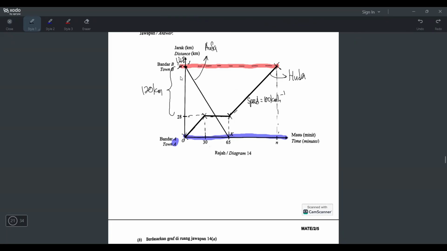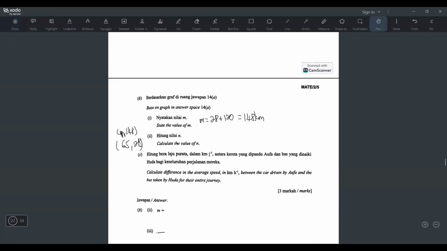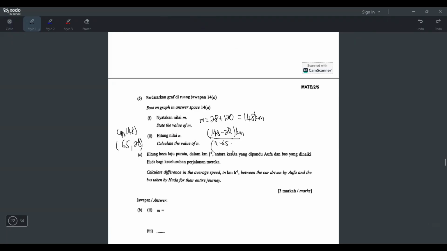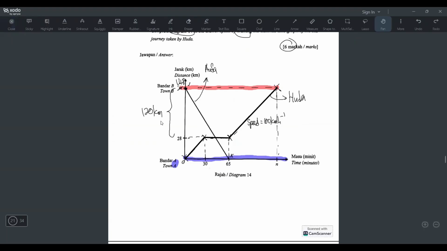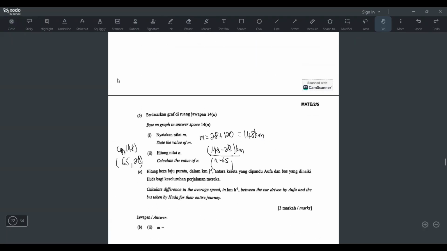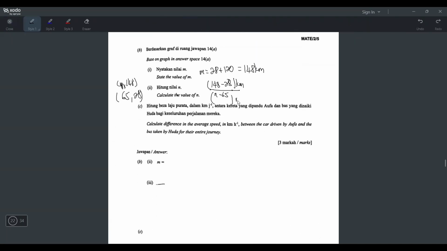When we find the gradient, we take y minus y, 148 minus 28, and this is in kilometers, of course, because it's the distance. But when you take n minus 65, it comes out in minutes, because n and 65 are both minutes.